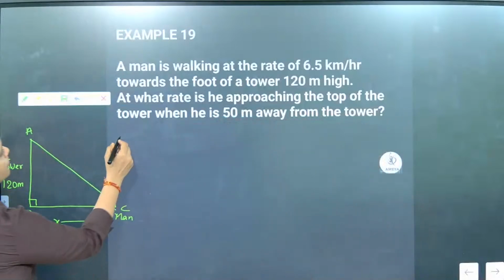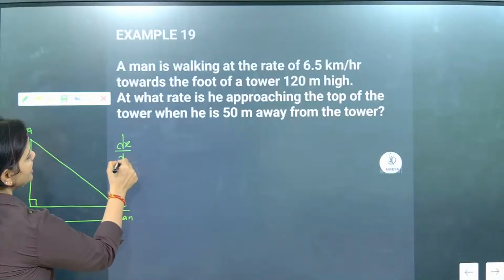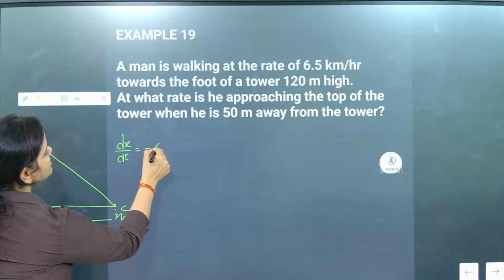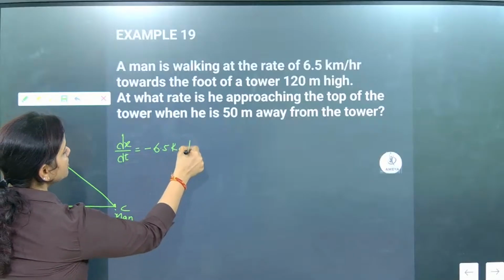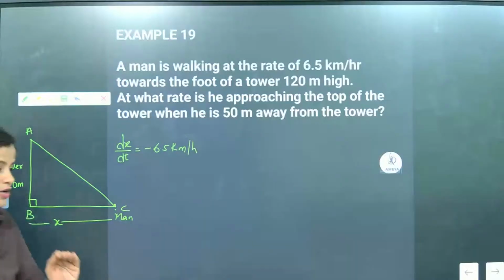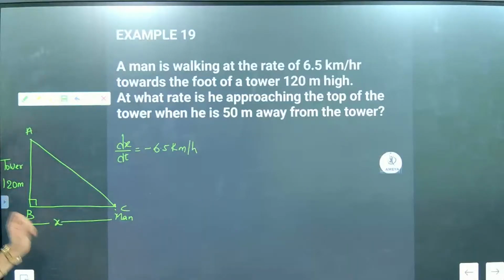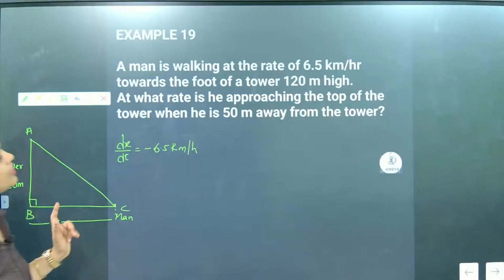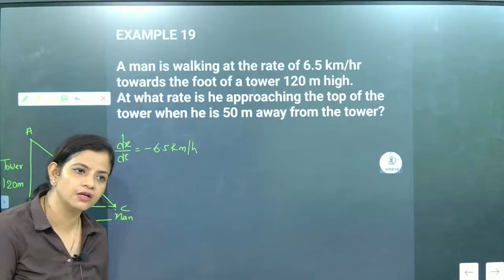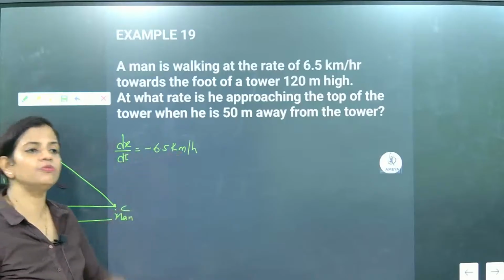So here we are going to write dx by dt equal to minus 6.5 kilometer per hour. Beta, listen very carefully. The height of the tower is given as 120 meter, but the rate is given as kilometer per hour.